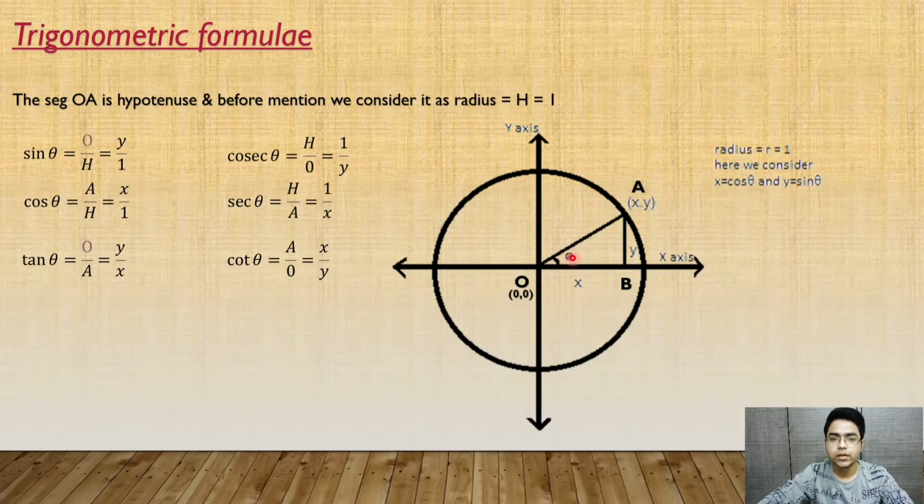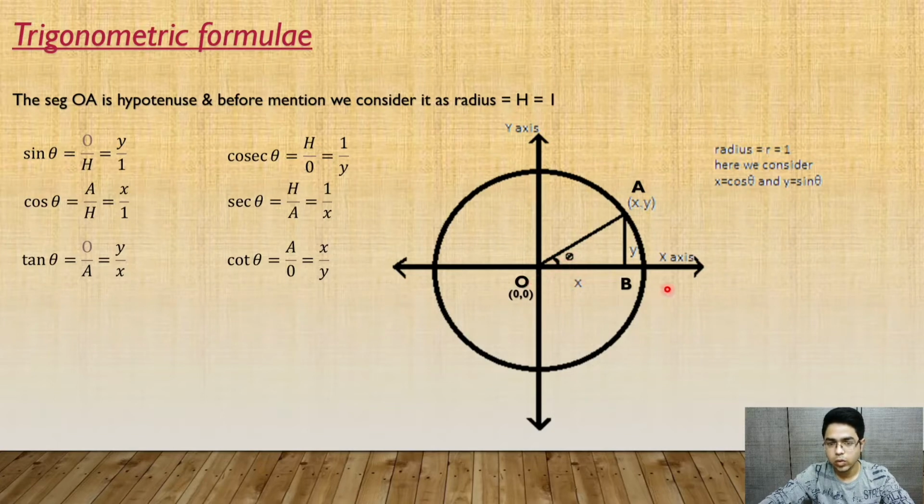Here sine theta will be opposite upon hypotenuse, opposite this AB upon hypotenuse OA. So here we have written y by 1. Cos theta similarly is adjacent upon hypotenuse. The adjacent side is the nearest side to theta.